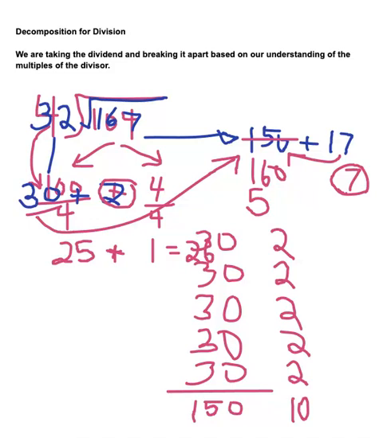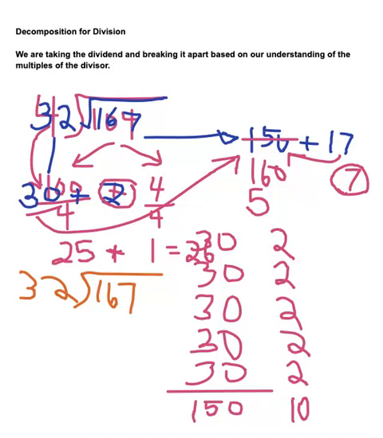Let's verify this using our long division. So here we go. 167 divided by 32. I always say it wrong. So I know 32 can't go into 1, 32 can't go into 16, so I have to ask myself, how many times does 32 go into 167?